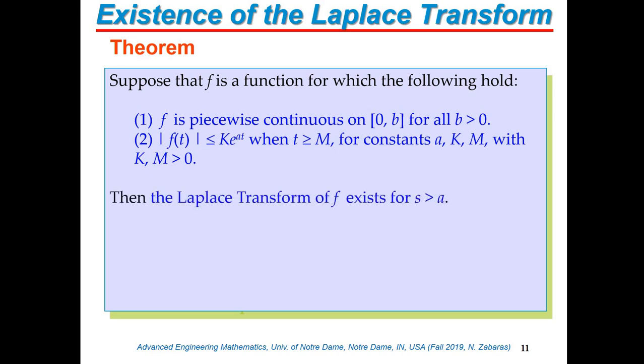In those cases, the Laplace transform exists for all s greater than this a that you have in the constraint we use for the absolute value of f of t. Actually, you can appreciate without much of a proof that when you look at the calculation of this integral, it exists when s is greater than a, where a comes from the constraint we introduced on f.